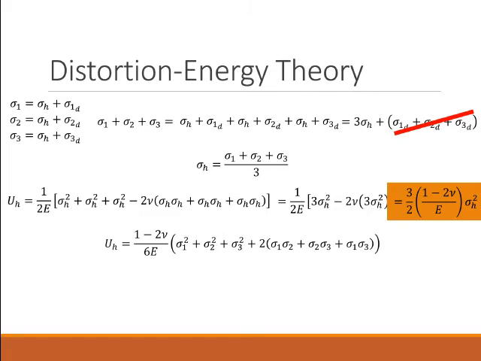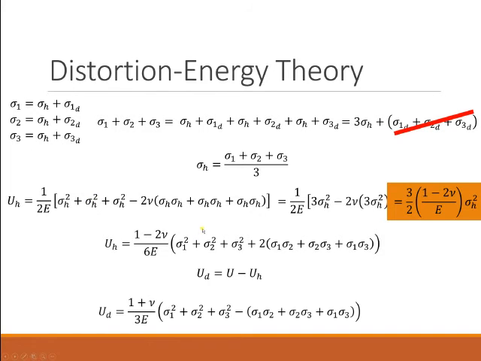So we get into the derivation, now we recognize that if this is what the hydrostatic energy is in terms of principal stresses, so plugging in this equation that relates hydrostatic stress to the principal stresses, and this equation that states what the energy of the hydrostatic stress causes, we can then use that to find our distortion energy. And here's our final distortion energy as it relates to the 3 principal stresses.